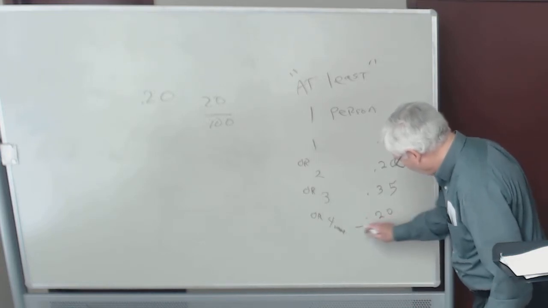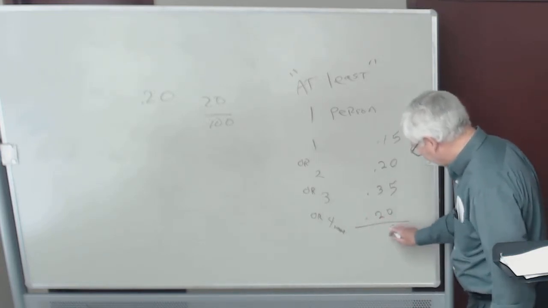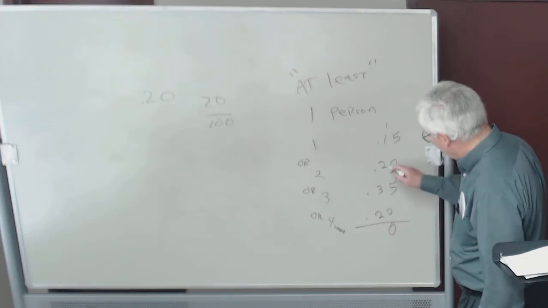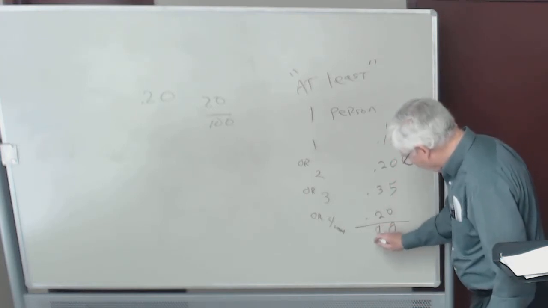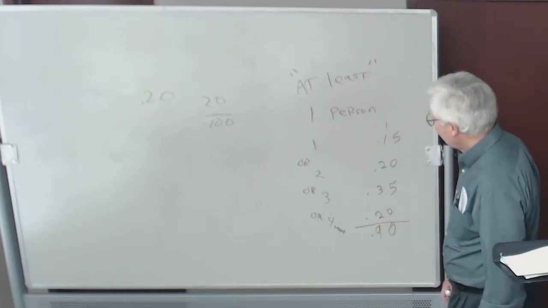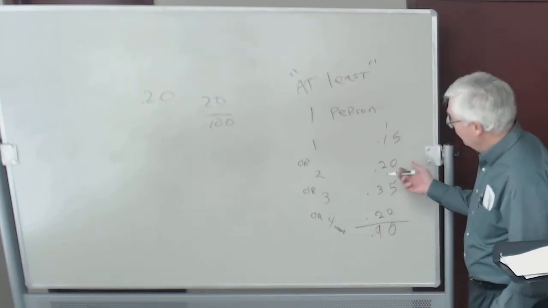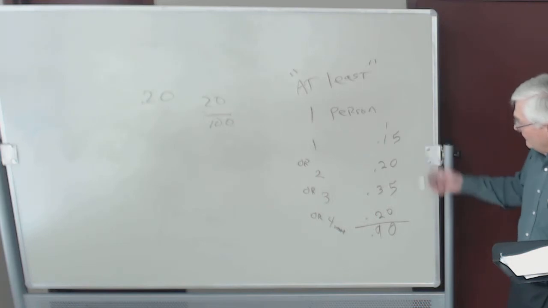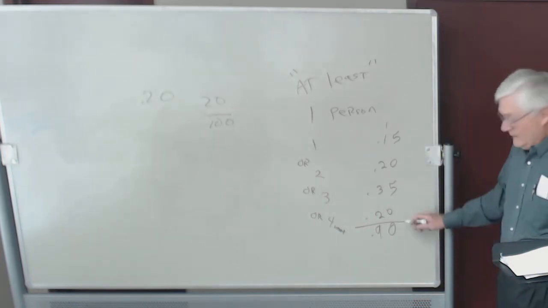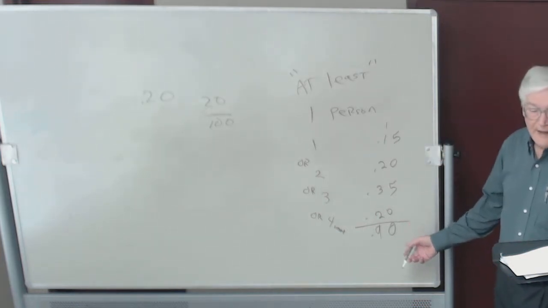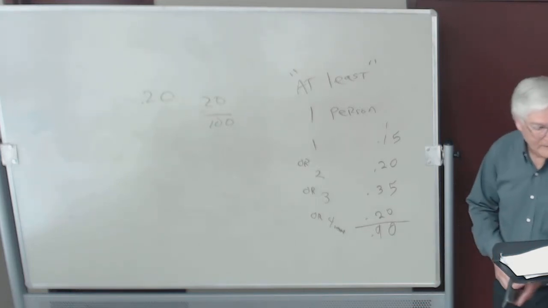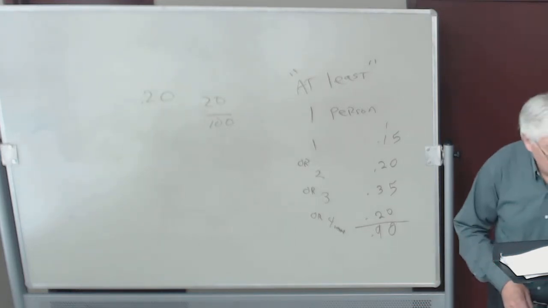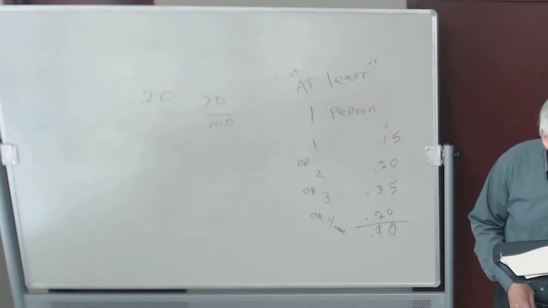When I add those all together, what do I get? 0.90. So what's the probability of at least one person? 90 out of 100. Or 9 out of 10 times, there'll be at least one person in line.